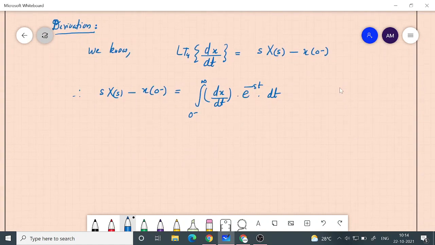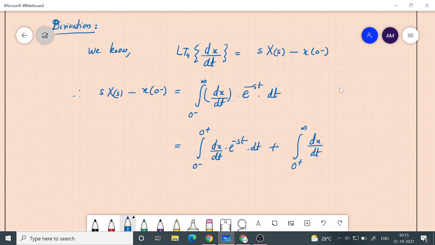Okay, so this is equal to this. Now the next step is we need to bring 0 plus into the picture. So 0 minus to 0 plus, I am just splitting this integral into two parts, which I can do, and then plus the integral from 0 plus to infinity of dx by dt e raised to minus st dt.